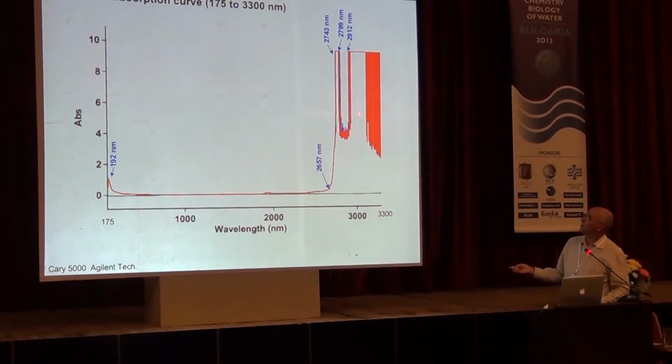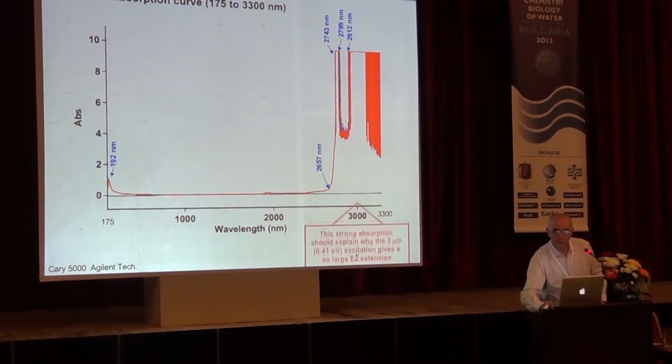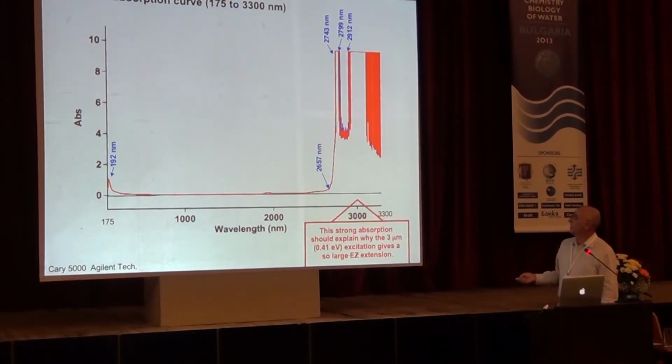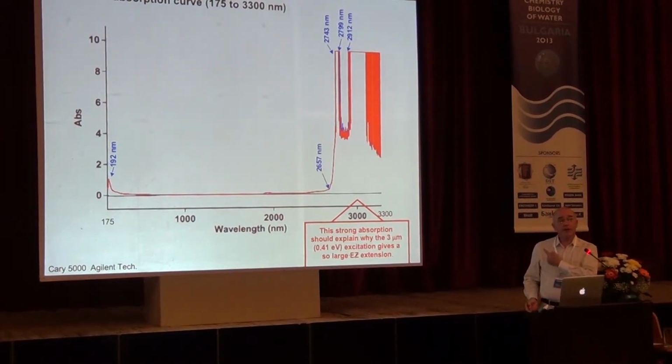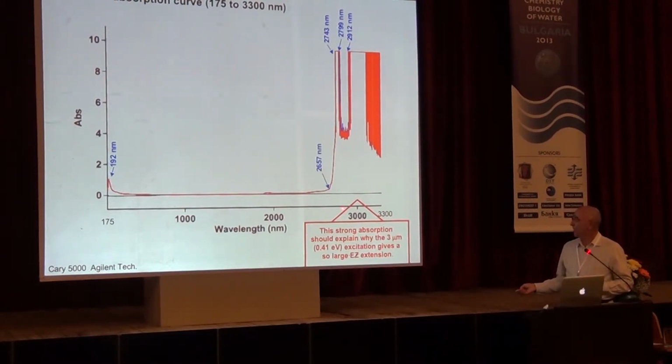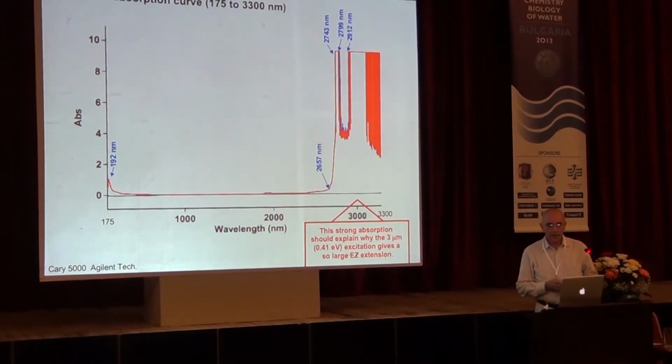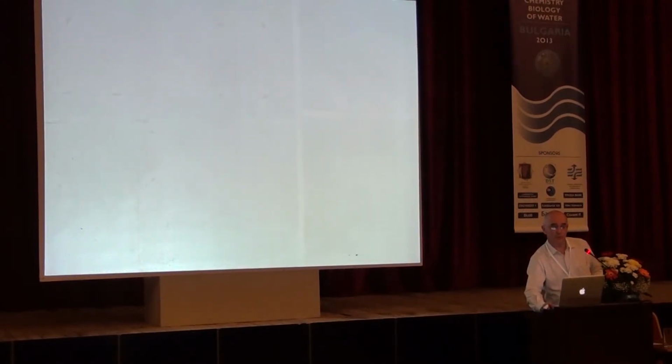But I have this region at about 3 micron, a very strong absorption place. So maybe this explains why, with excitation at 3 micron, Professor Pollack gets this very big exclusion zone.